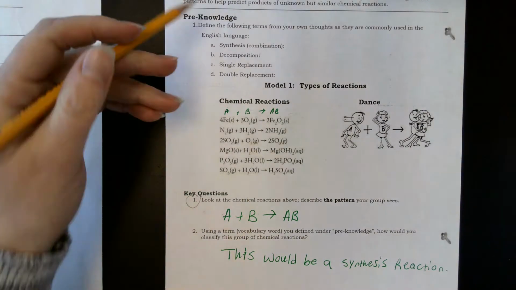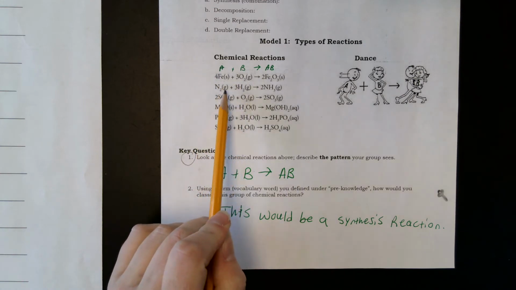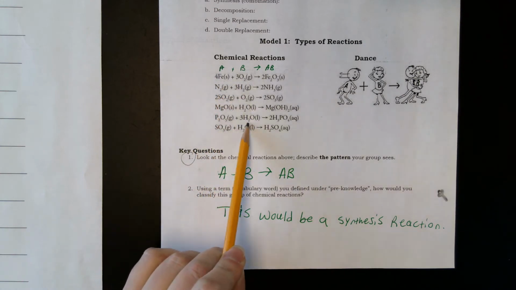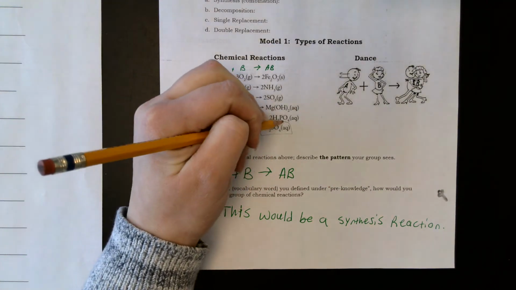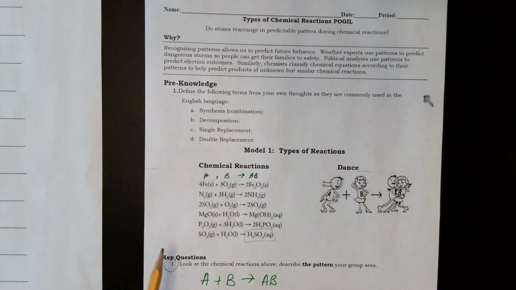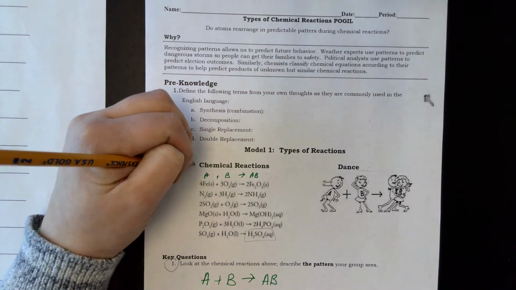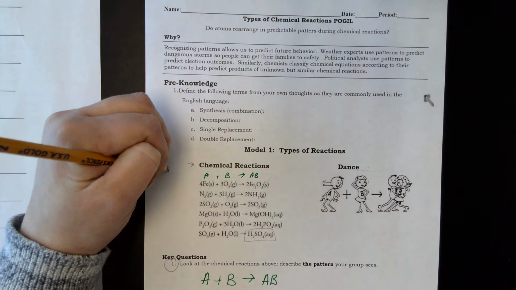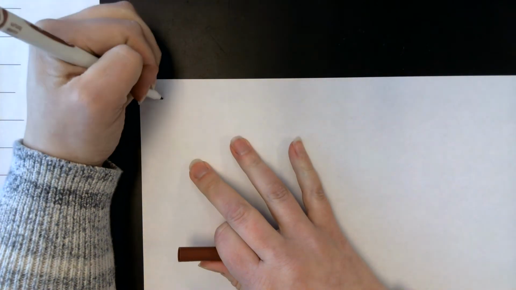so for example, our first type of reaction here in Model 1, you can see that it usually starts with two things and ends up with one at the end. This is called a synthesis reaction. Okay, so our first type is a synthesis reaction.